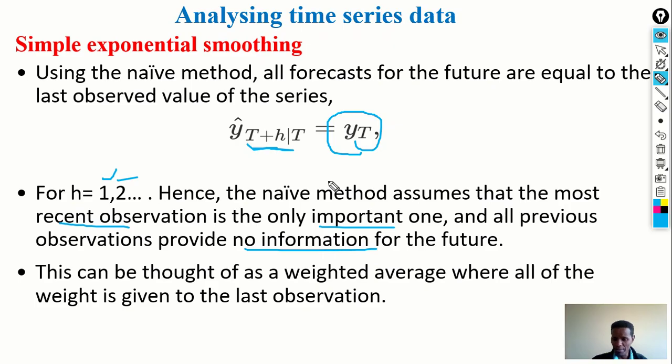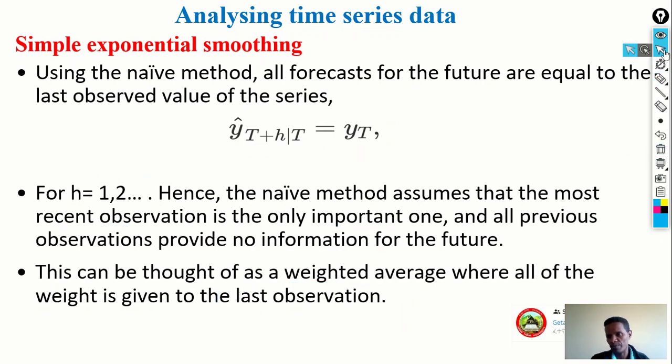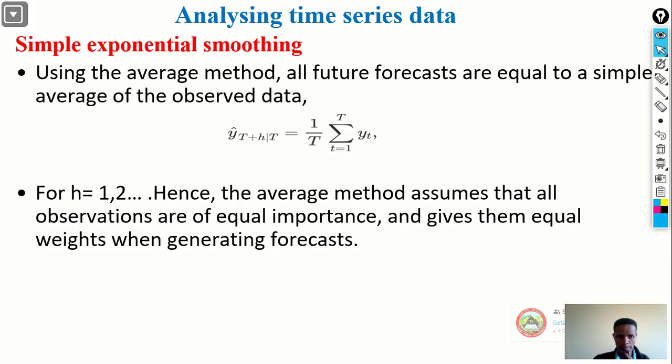This can be thought of as a weighted average where all the weight is given to the last observation, but all observations before the last observation will not be considered for forecasting of the outcome variable. This is the naive method of the simple exponential smoothing method.